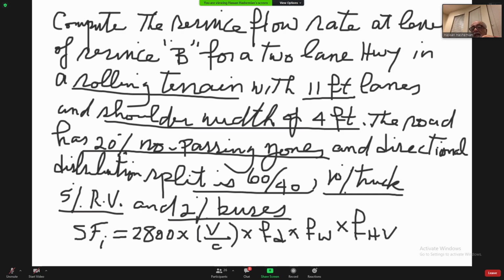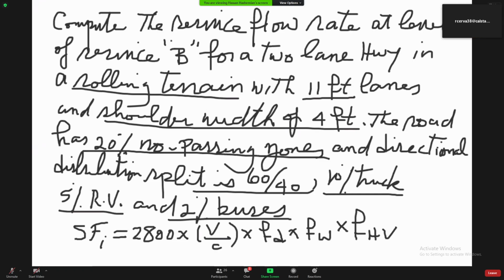So your 2,800, when you multiply by all these numbers which are less than 1, is going to be less, not 2,800. All right, so that's what we have to do. For finding these factors, we have to go to each table and find out what that would be. Okay, any question on this?